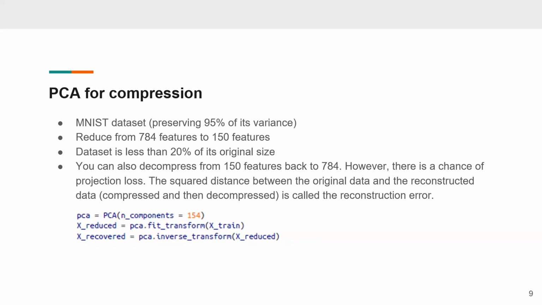So you can do the reduction first, and then based on the reduced data, you do the inverse transform to get your recovered X. The squared difference between those two is considered to be the reconstruction error.